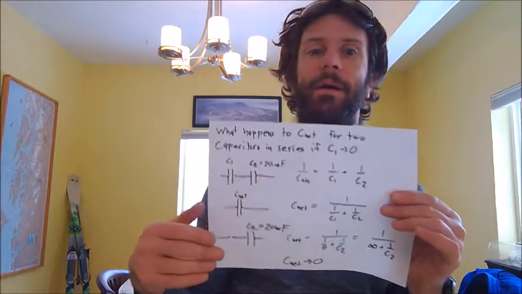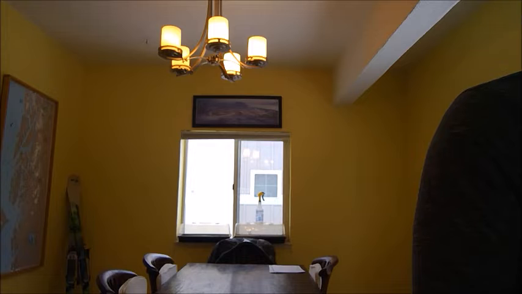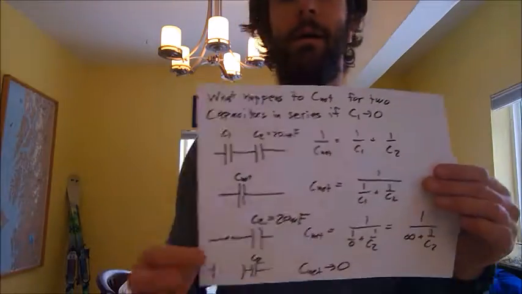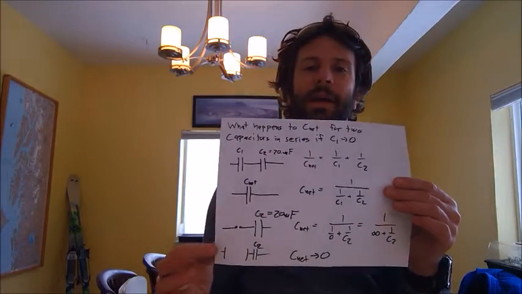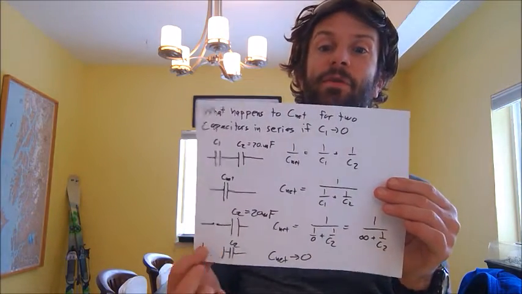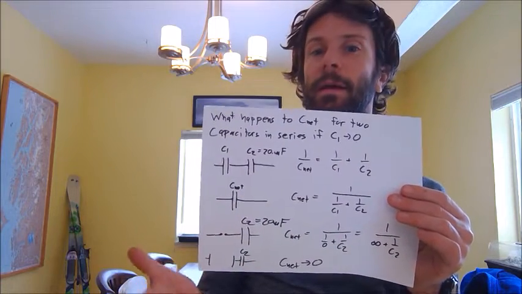The other way to think about it is the distance between the plates. This is just an illustration, of course. Didn't we also say that the capacitance goes to 0 as the distance between these plates goes to infinity, gets big?